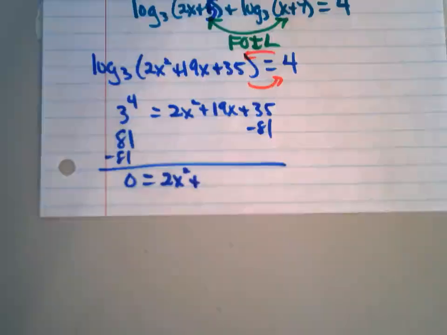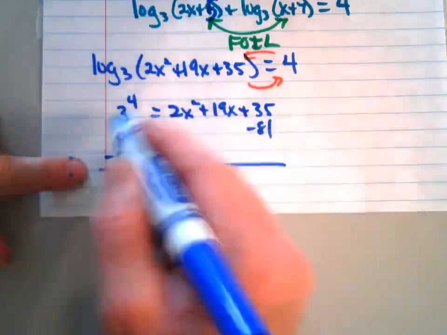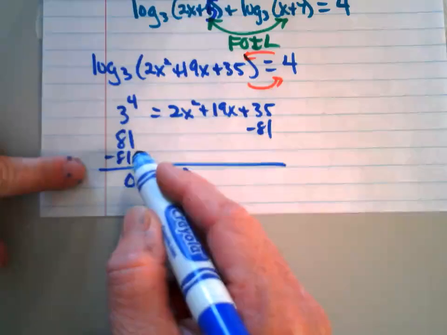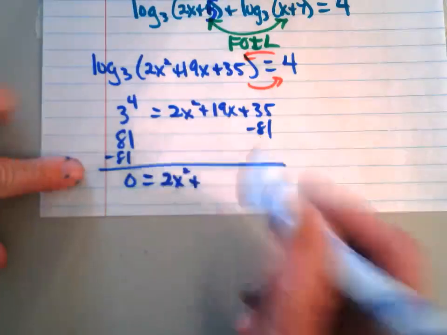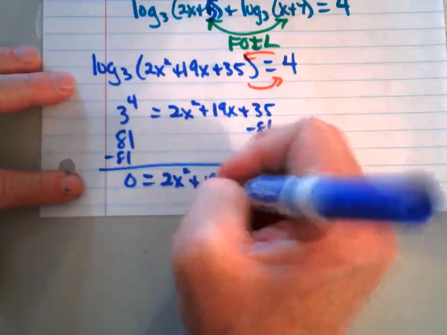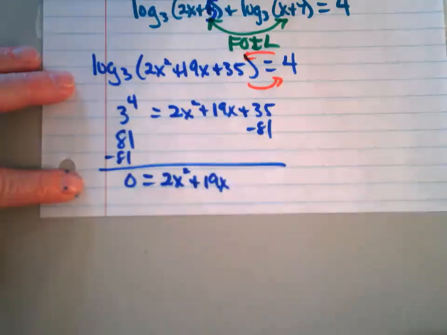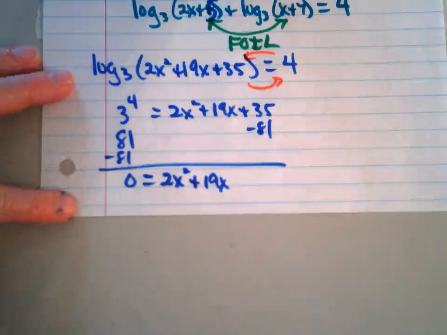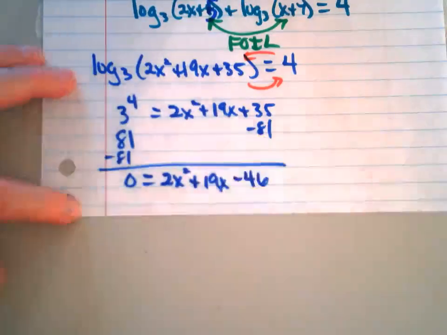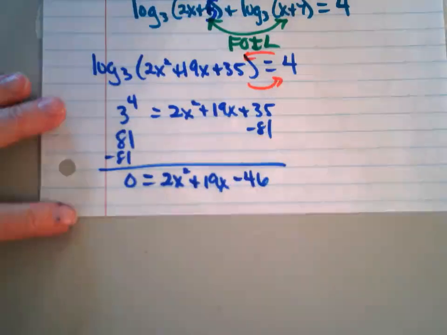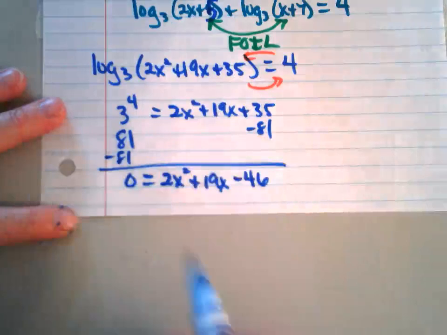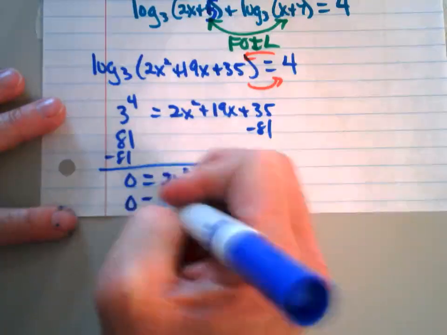Sorry, guys. I subtracted 81 from both sides because 3 to the 4th is 81. It's quadratic, so I'm going to take everything over to the right-hand side. 19x, and 35 minus 81 is negative 46. So we get to factor and solve.